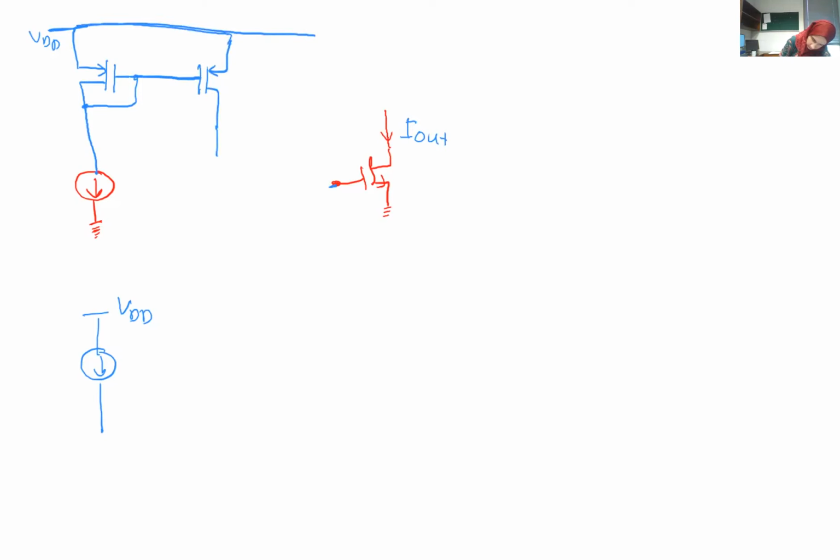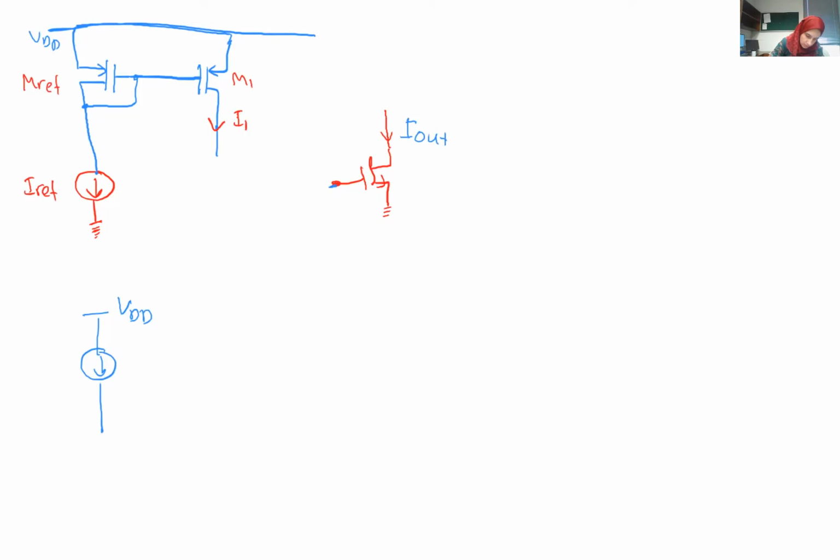Therefore, my current, this is IREF, and this is MREF, this is M1. Based on the ratio of M1 and MREF, I1 will be a multiple of IREF. So we form this current mirror.